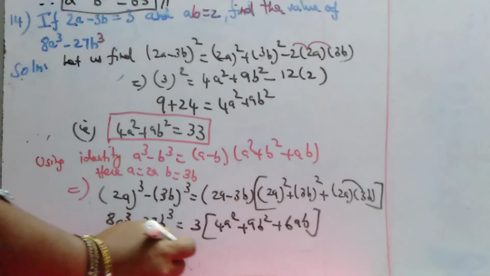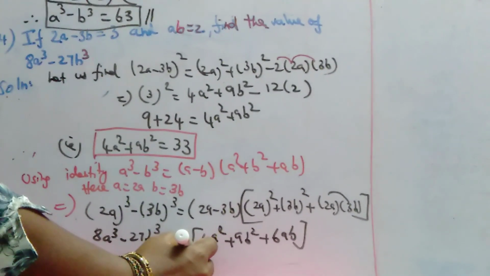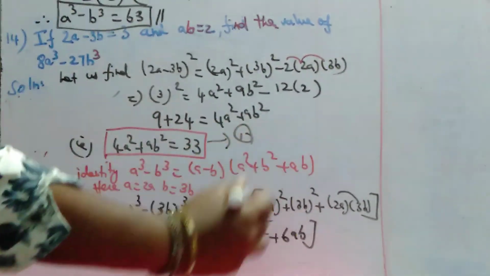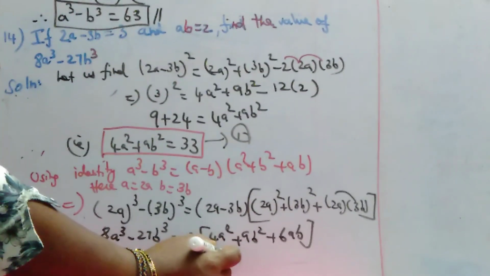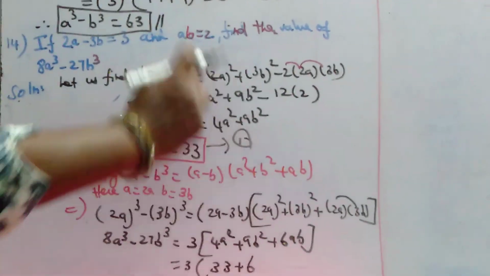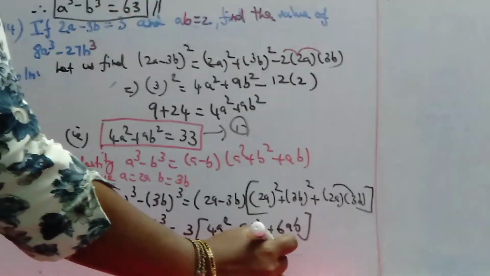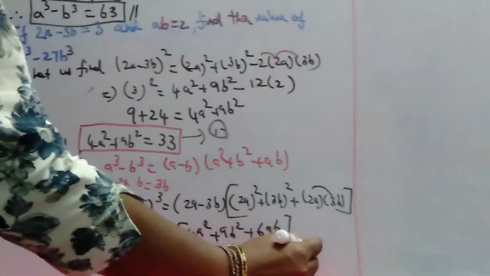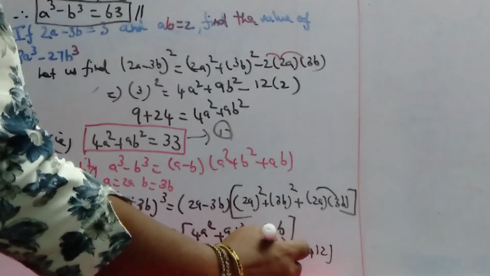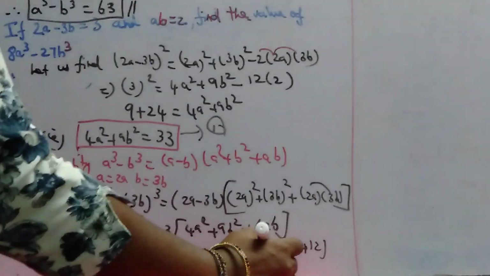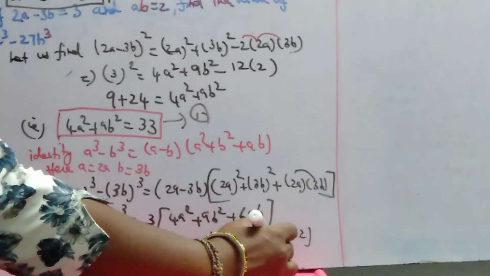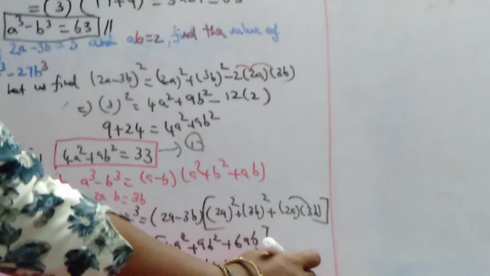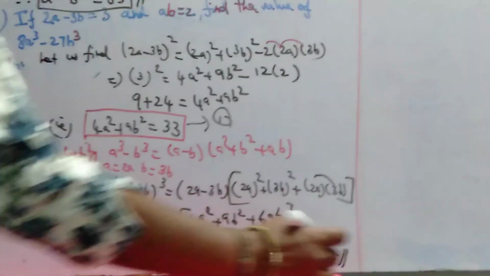Okay, in the next step let us substitute the value here. 3 into 4a square plus 9b square, assume this as equation 1. So that value here is 33, then plus 6 into ab, it is given in the question as 2. So which is equal to 3 bracket 33 plus 12, that is 45, into 3, which is equal to 3 into 45, which is equal to 15 carry over, 135.